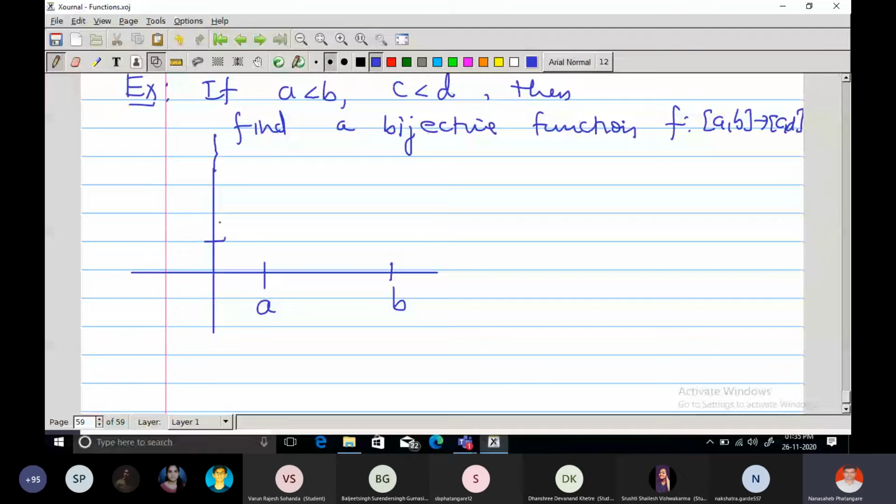Right, so that means the codomain is on the y-axis, the domain is on the x-axis, and what we want is a bijective function from this AB to CD. Correct? You understand? That means the graph of the function must be inside this rectangle. Is it clear?